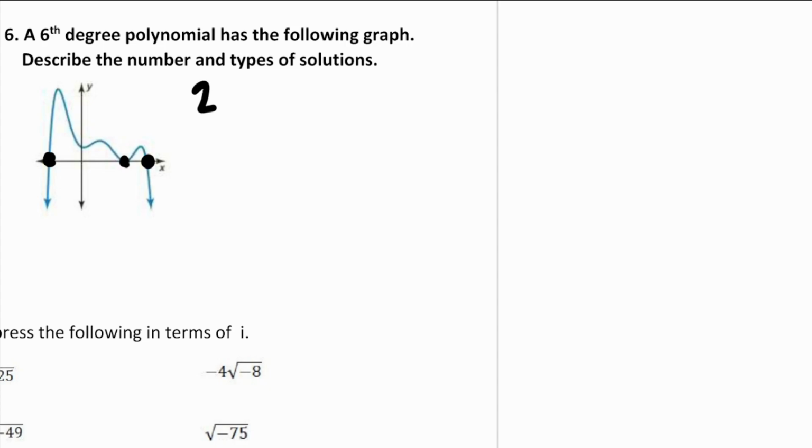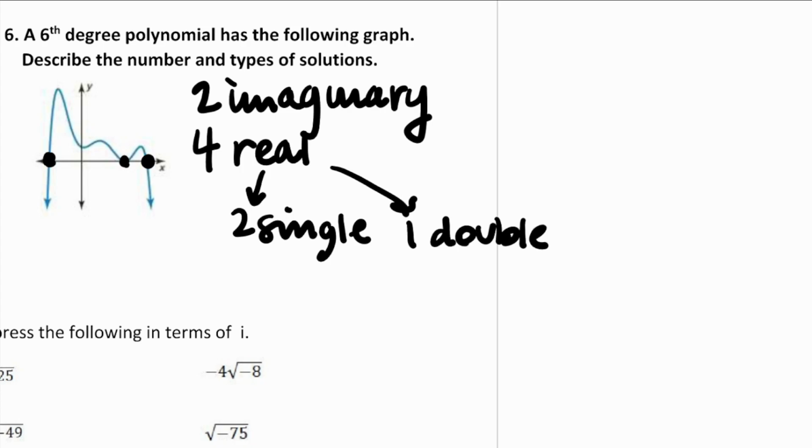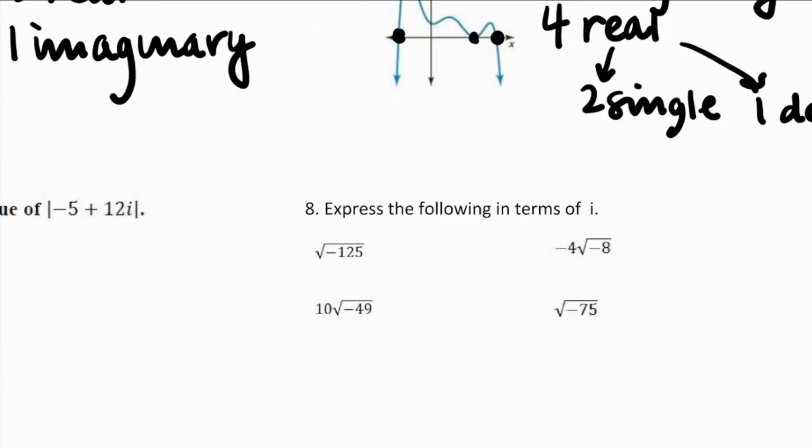It's 6th degree, so I've got 2 imaginary. For real, split out into 2 singles and 1 double. And that adds up to 6, right? Because it's a 6-degree polynomial.